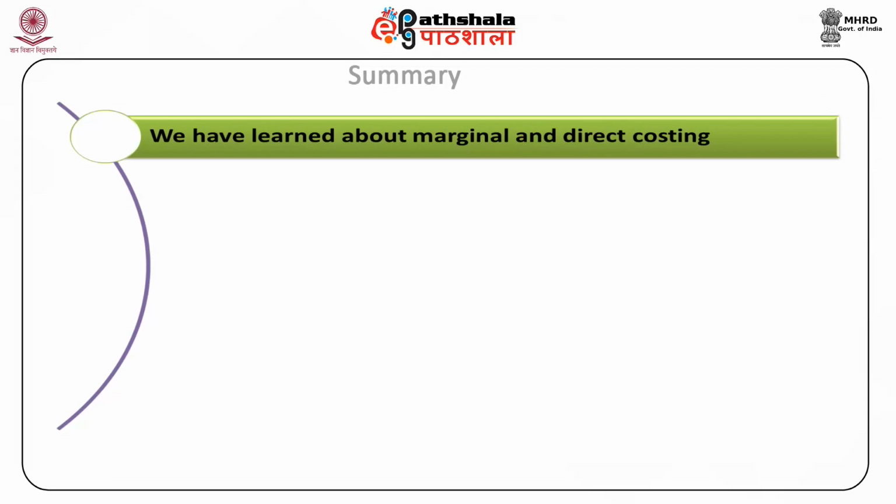Let us summarize what we have learnt in this module. In this module, we have learnt about marginal and direct costing. Both the terms are used interchangeably but have different meanings attached and cannot be used interchangeably.